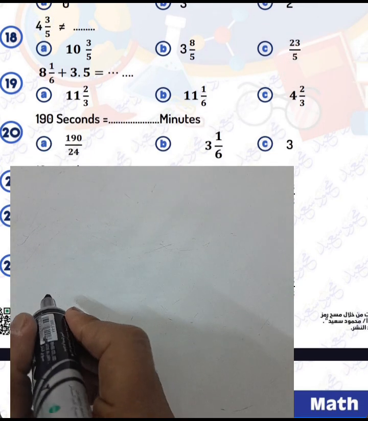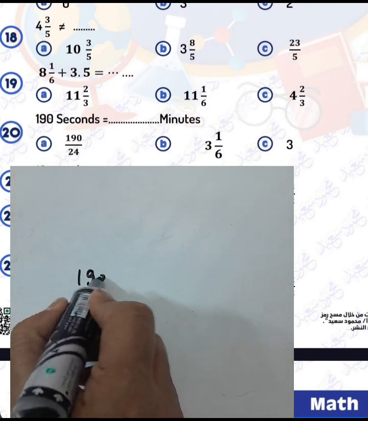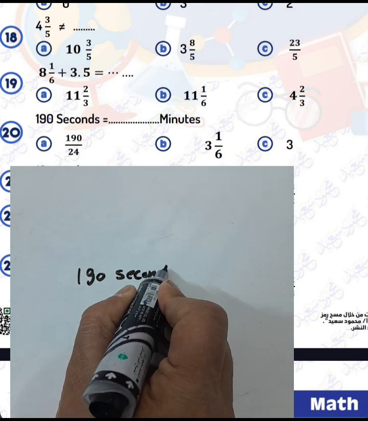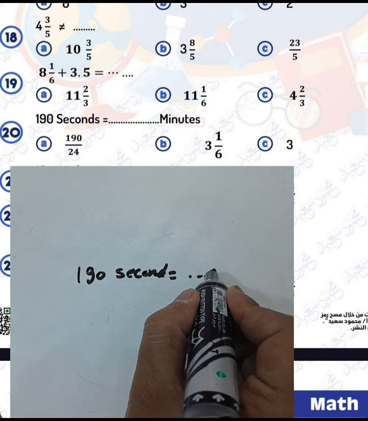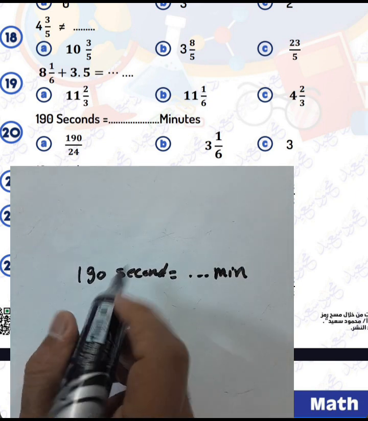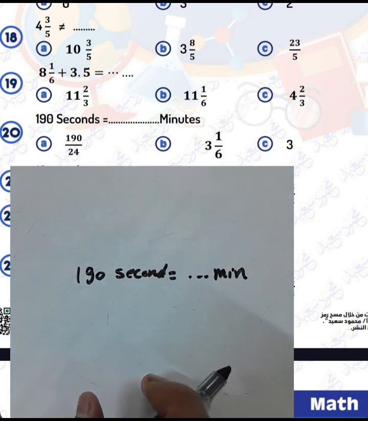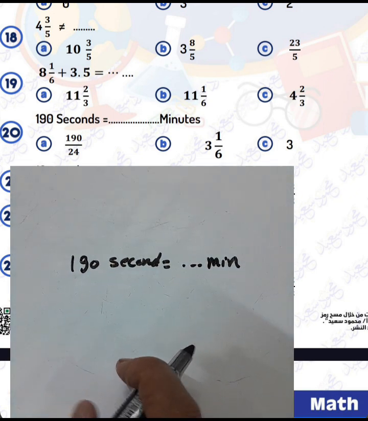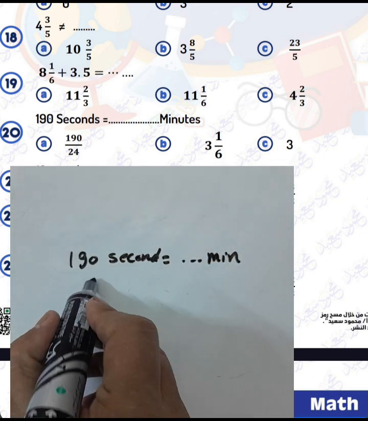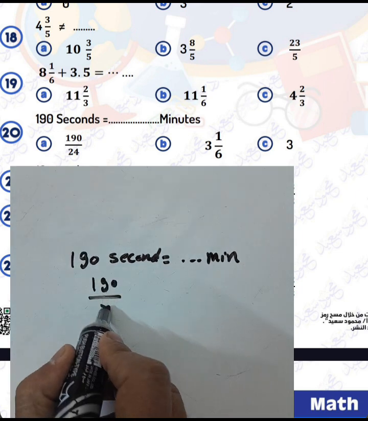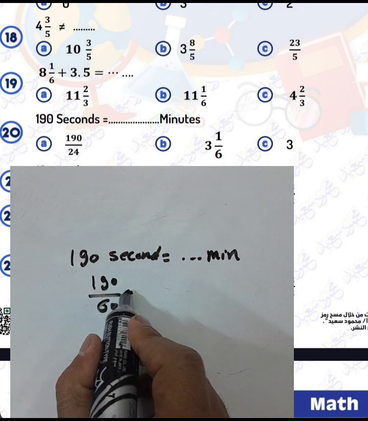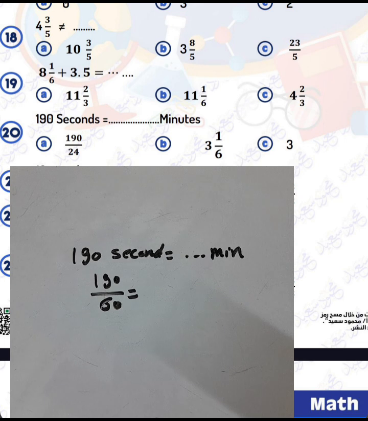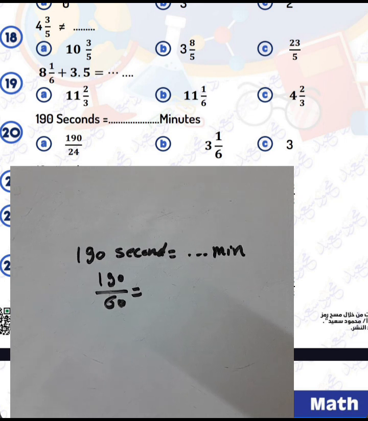Question number 20. 190 seconds equal space minutes. We must convert from seconds to minutes by dividing by 60, because 1 minute equals 60 seconds. Then you can write 190 divided by 60, and then you can simplify it. We can simplify this by dividing numerator and denominator by 10.